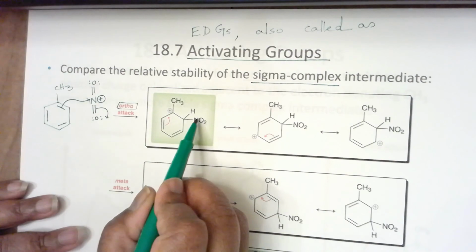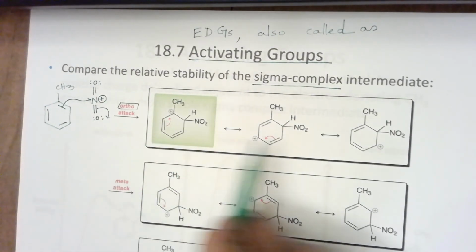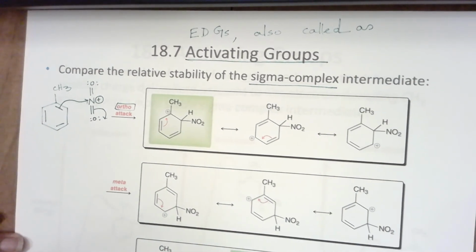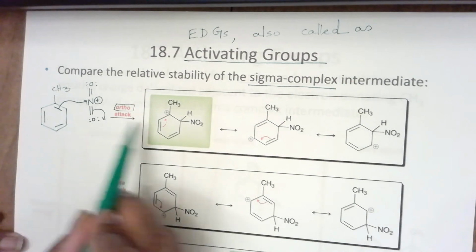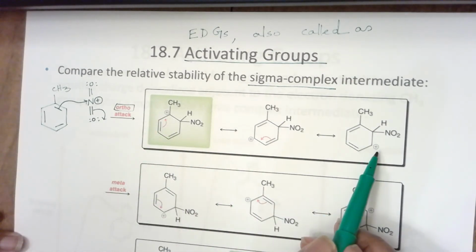You see how they've closed it up, because we are not going to be talking about that part when we get to this box region. Now let's look at the 3 resonance structures that they've drawn.